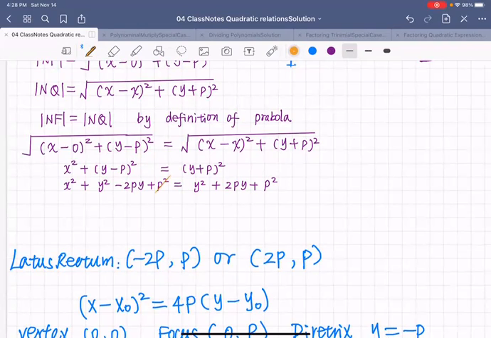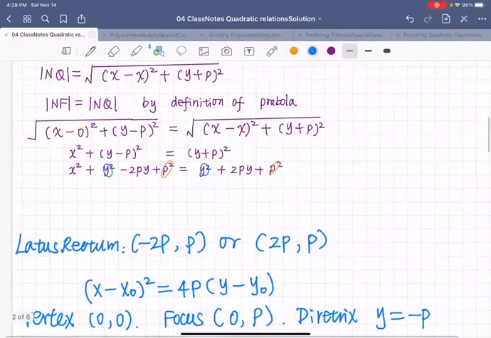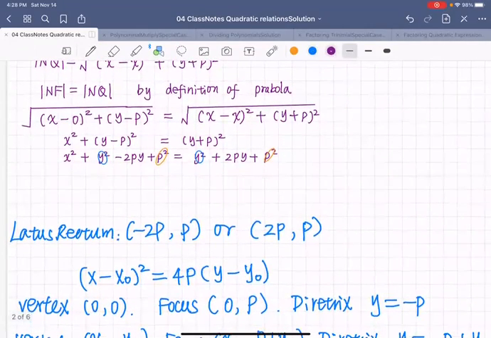So this term, that term can be gone. Who else? That guy, y squared, this guy can be gone. Now you can make x squared equals 4py. Correct?